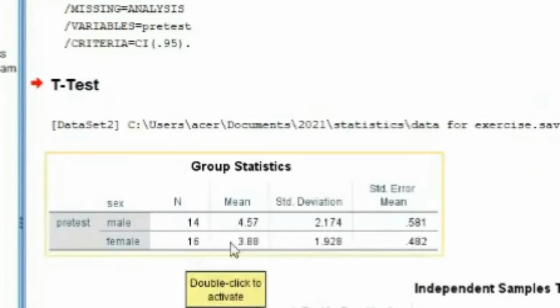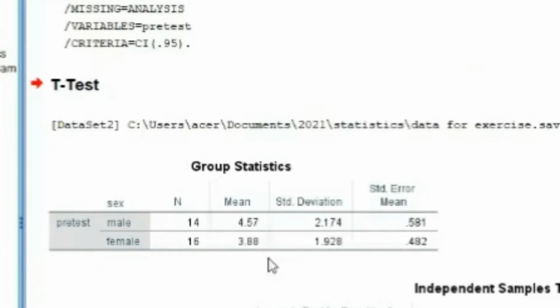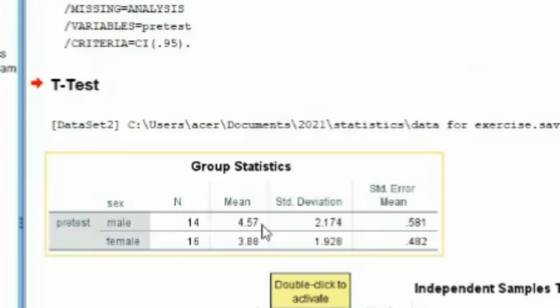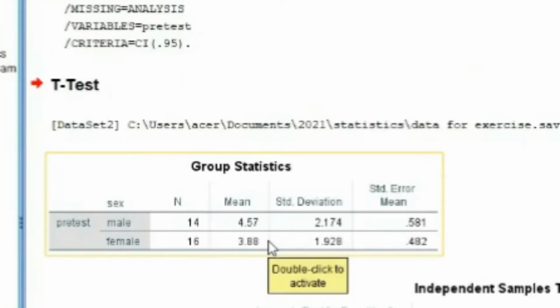So from this table, we know that we have 14 male students, 16 female students, and the male has higher pretest, which is 4.57 compared to the female, and the mean is just 3.88. As you can see here, there is indeed a difference in the pretest, but we need to check, is this difference significant?